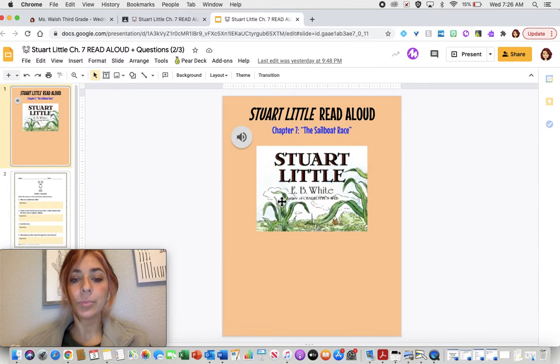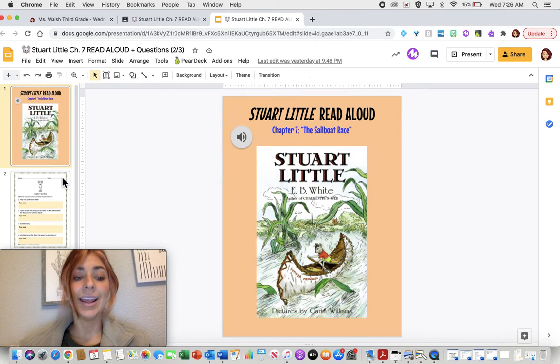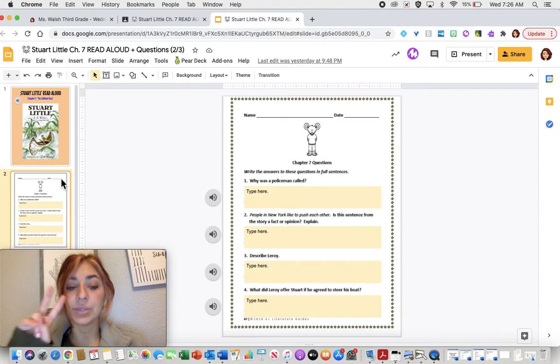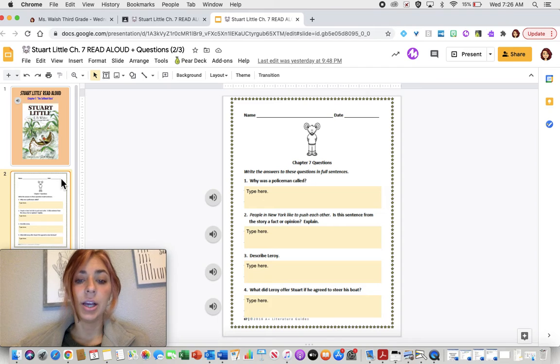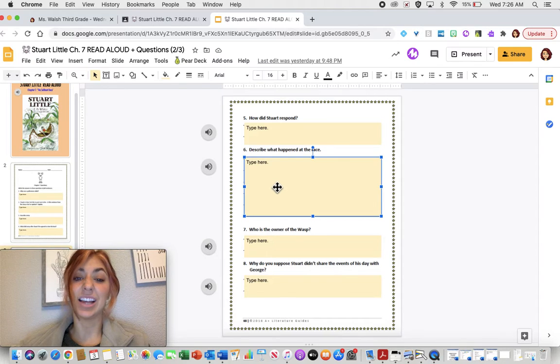And so you are going to listen to the story, then you're going to move on. You have 2 slides, and that's just because there's not any more questions than we've had before. All that's happening is that there's just some more space for you to type your answers, especially for number 6 where it says describe what happened at the race.